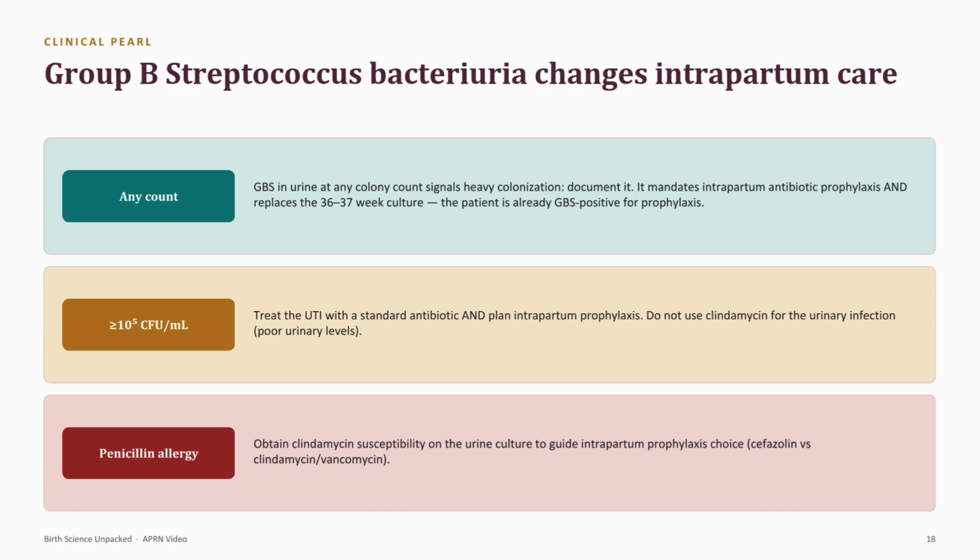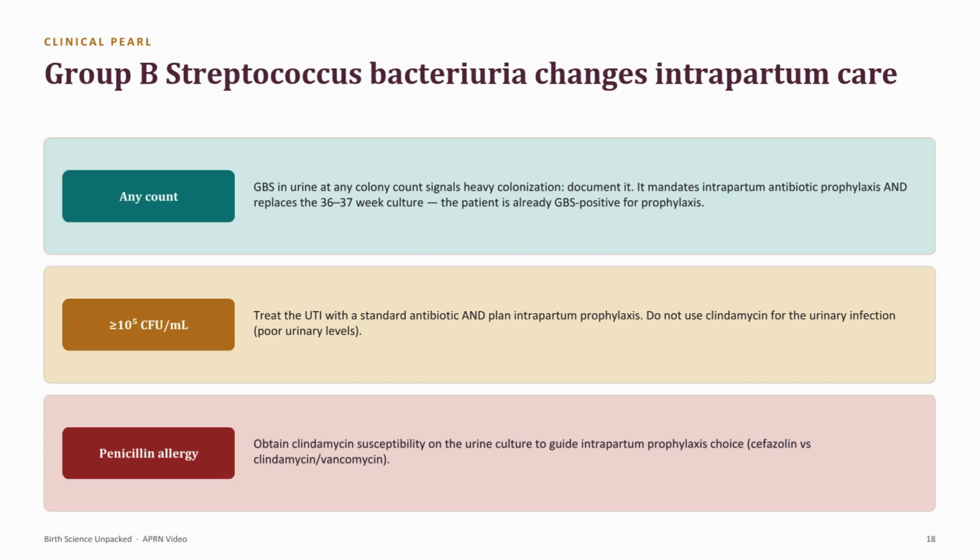At 100,000 CFUs or higher, treat the UTI and plan prophylaxis. Do not use clindamycin to treat the urine. It does not concentrate there. In penicillin allergy, get clindamycin susceptibility so you can choose the right intrapartum drug.